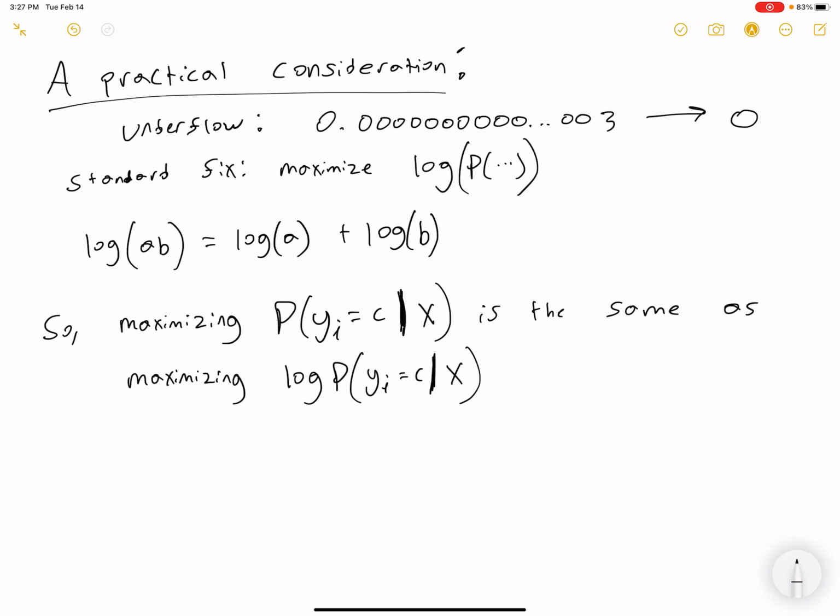Or in other words, the y value that's the max is going to be the same if you take the log.